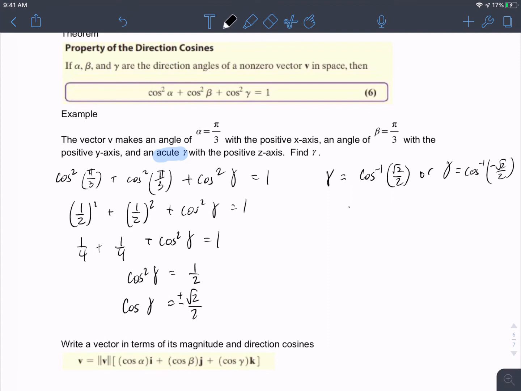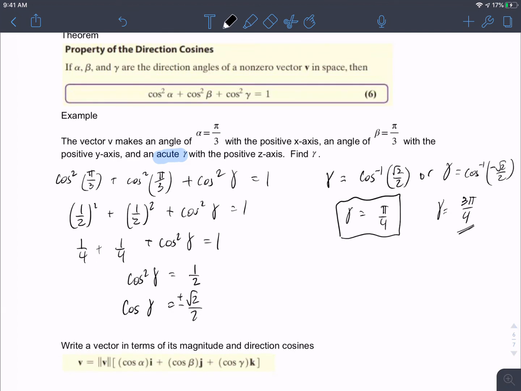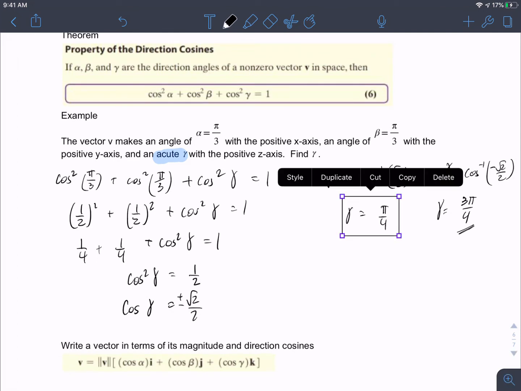And so gamma here would be equal to pi over 4, and over here it would be equal to 3 pi over 4. And so from these two, oops, I have these switched. No, that's right, I have it right. So since it needs to be acute, this is clearly not acute. That's too big. So this would be our answer. It has to be the pi over 4 one because of the acute piece. Okay.